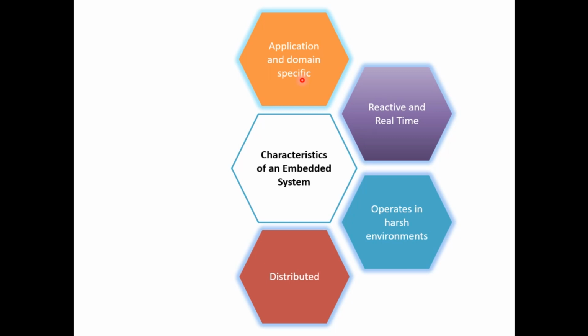Okay, I have a system within which I will have 3 to 4 embedded systems, each one application specific. That is the first characteristic, right? 3 systems within a system where all the 3 are performing different functions, but they should work in tandem. The functionalities of all these 3 systems should be synchronized.